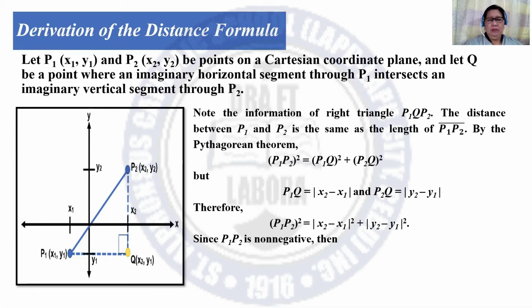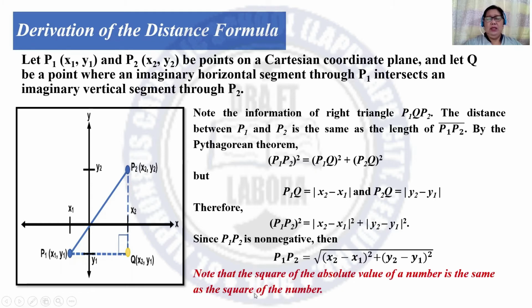Since P sub 1 P sub 2 is non-negative, the distance from P sub 1 to P sub 2 is equal to the square root of the square of the difference of x sub 2 and x sub 1 plus the square of the difference of y sub 2 and y sub 1.